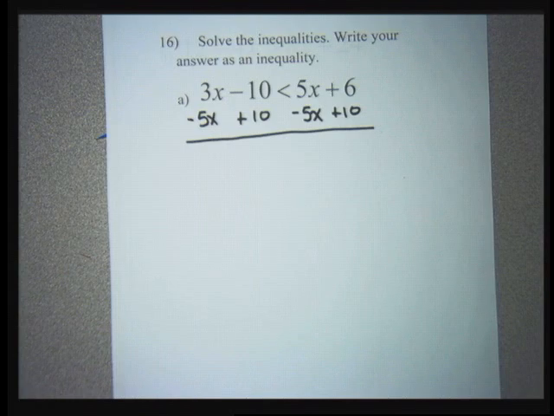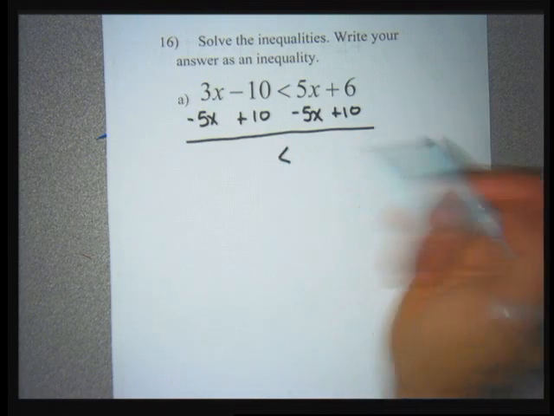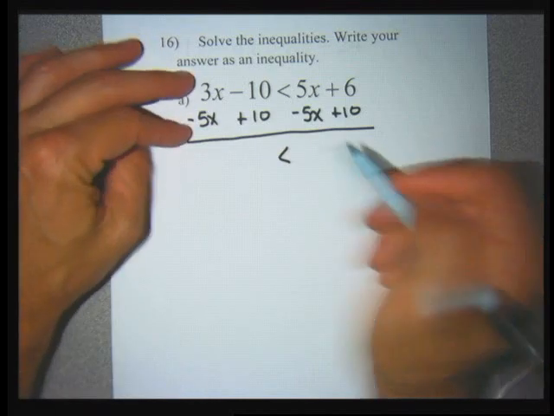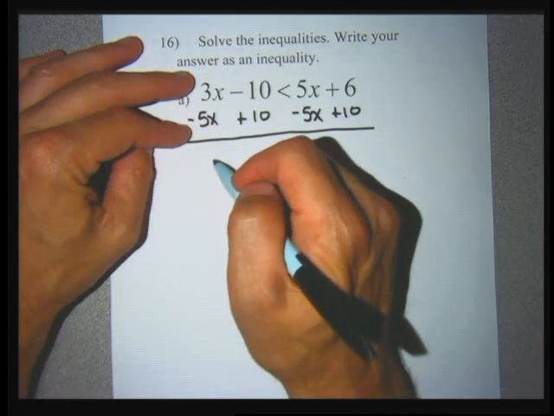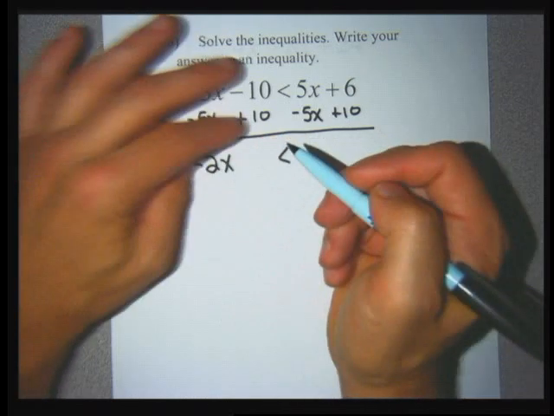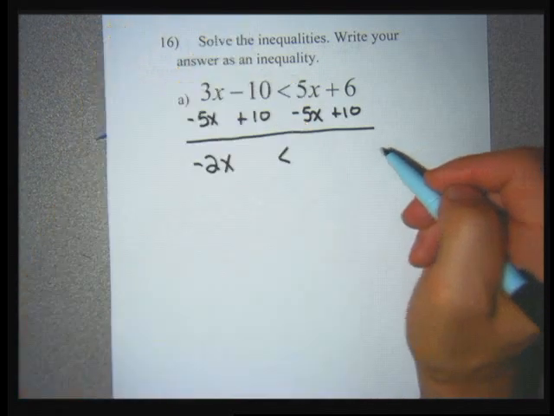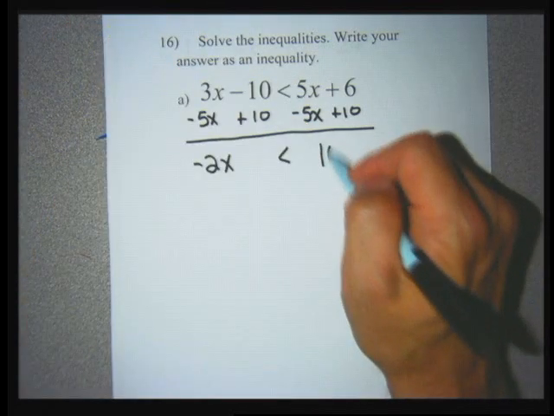Adding and subtracting with inequalities never causes the direction of the inequality to change. So my first step, I'm going to leave the less than sign a less than, because all I've done is add and subtract. 3x minus 5x, those have opposite signs. I subtract and take the sign of the larger and get a -2x. On the left side, the -10's cancel. On the right side, the 5x's cancel, and 6 plus 10 is 16.